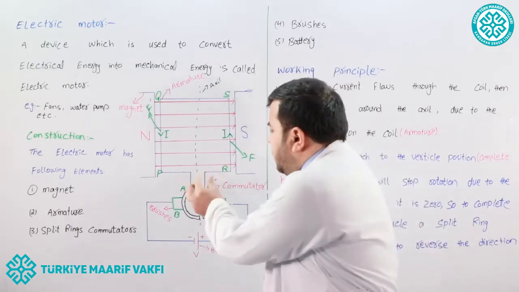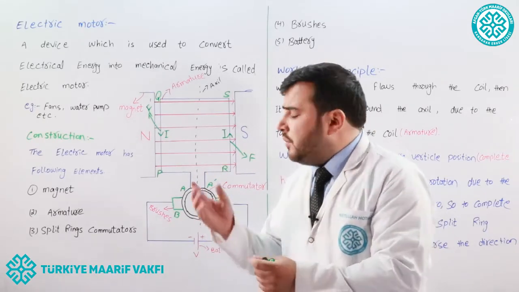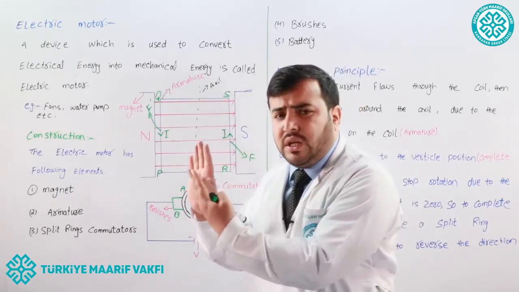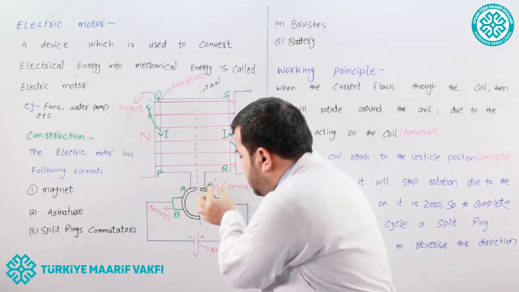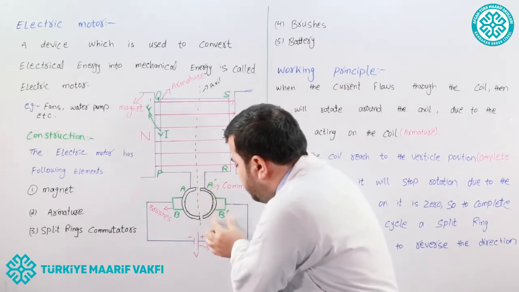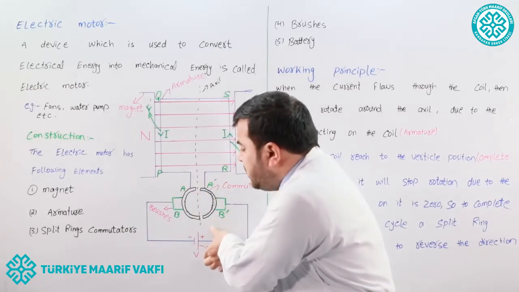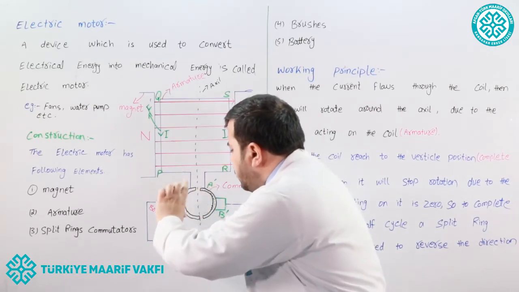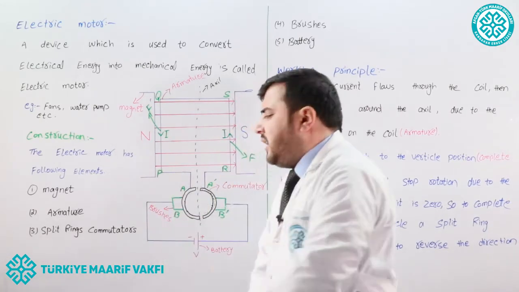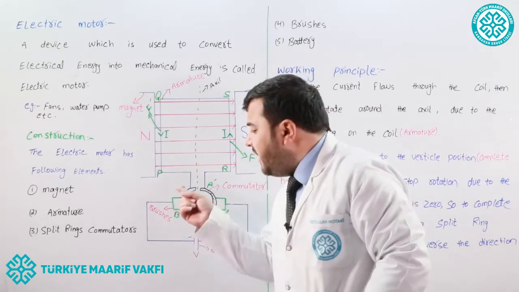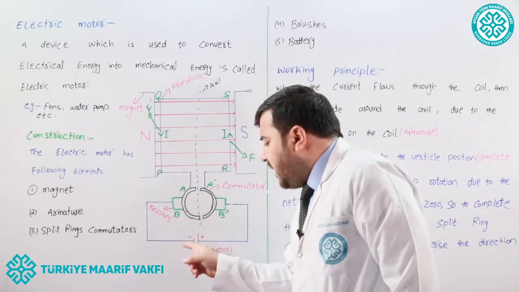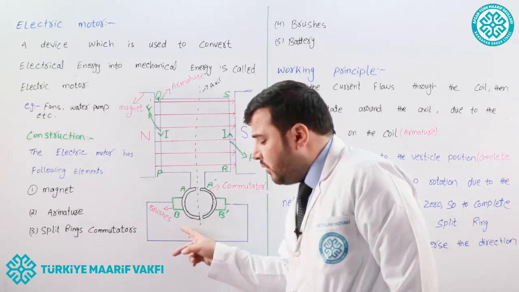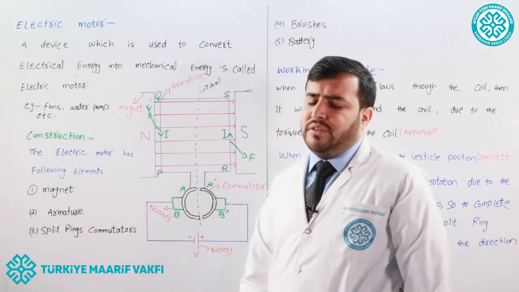So when the half cycle is completed, meaning it reaches its vertical position, this A dash side, which is now connected with B dash and the positive terminal of the battery, will come to the place of A, the split ring represented by A, which is connected with B and then to the negative terminal of the battery.